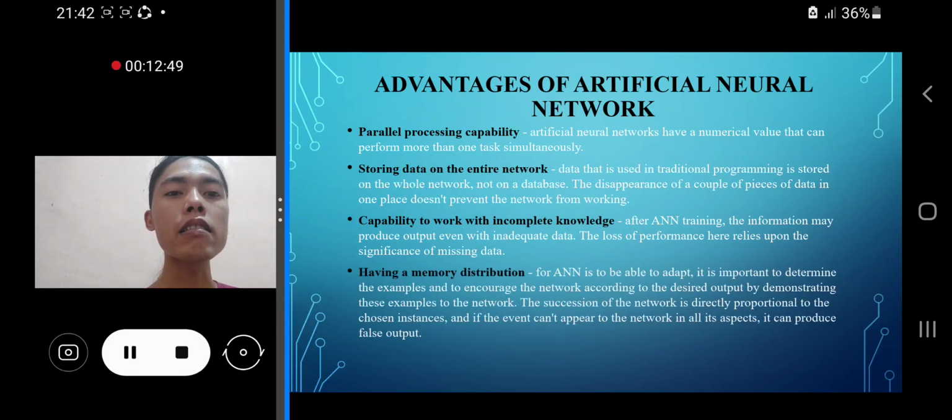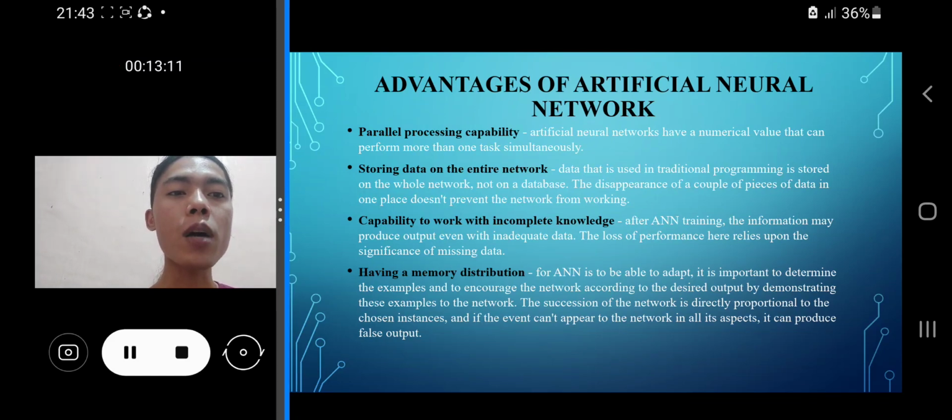And the fourth one is having a memory distribution. For ANN to be able to adapt, it is important to determine the examples and to encourage the network according to the desired output by demonstrating these examples to the network.